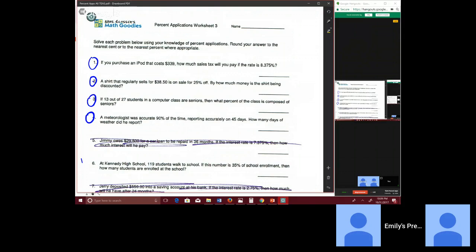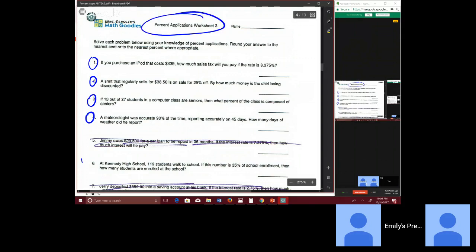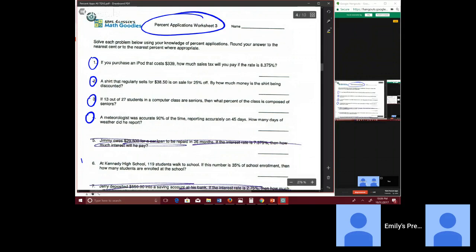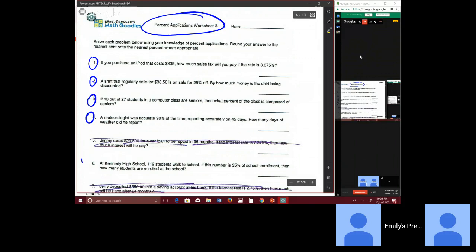The very next page says percent applications worksheet 3. And then the one after that says percent applications worksheet 2, because I put them in order of difficulty rather than numerical order. So try those 4 in case you caught anything that will help you. And then I will show you a scenario 4 and give you a couple practices for that.